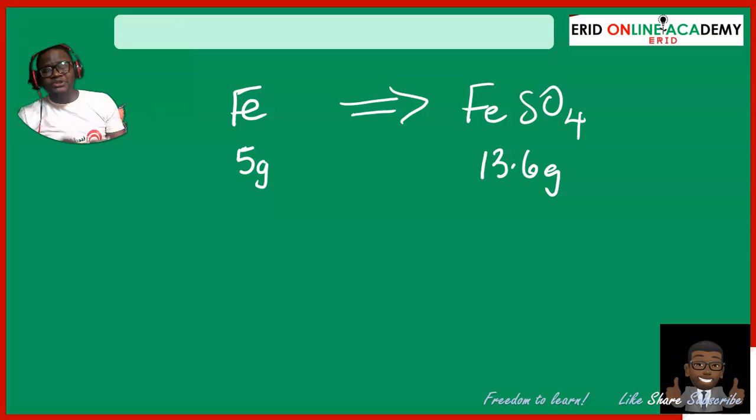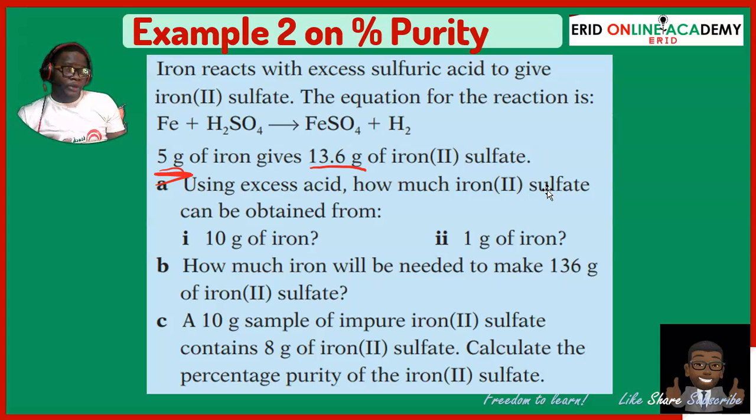And in fact, the question says that you have excess sulfuric acid. What is the meaning of having excess sulfuric acid? That simply means that all the iron present will always be used up because the sulfuric acid is more than enough to react with the iron present.